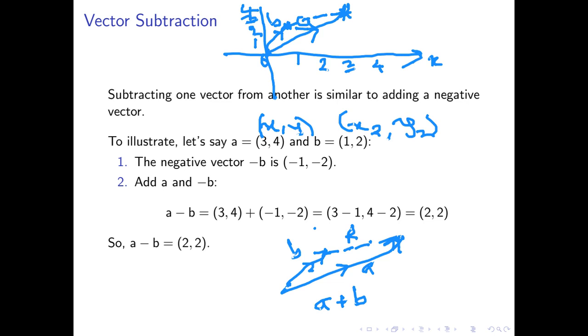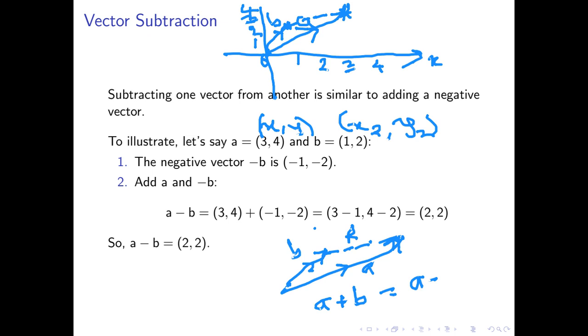However, we want to go from B up to A, so it becomes A minus B. We want to obtain the negative side of it, A minus B. And that means we're going from here to this point.